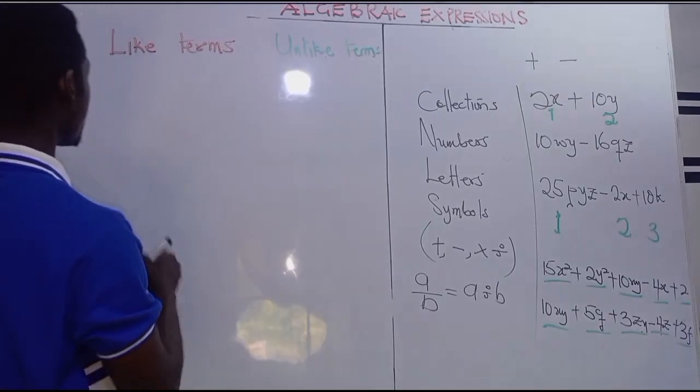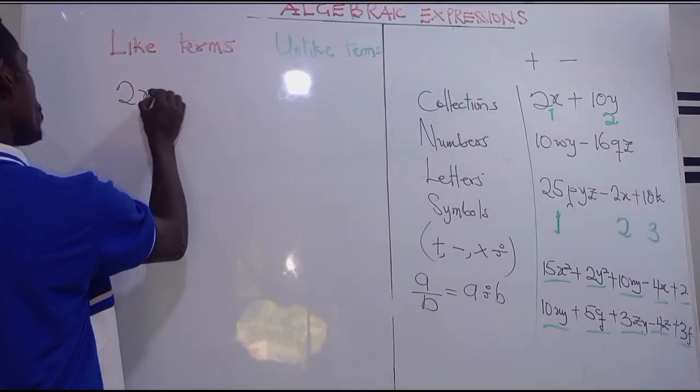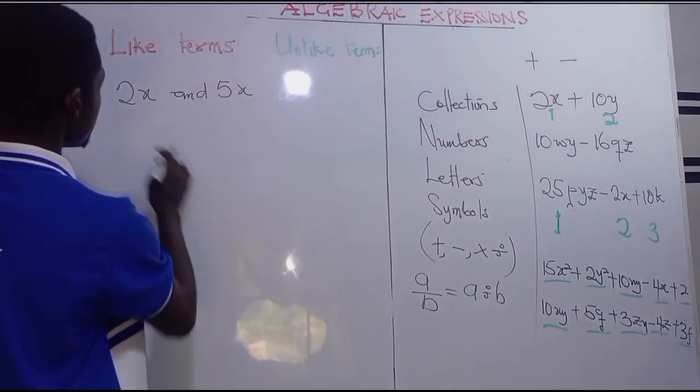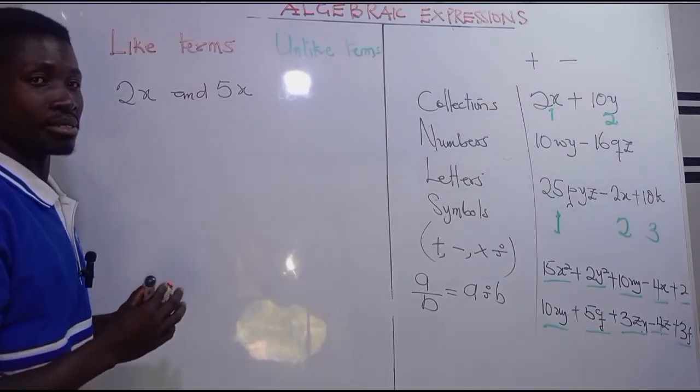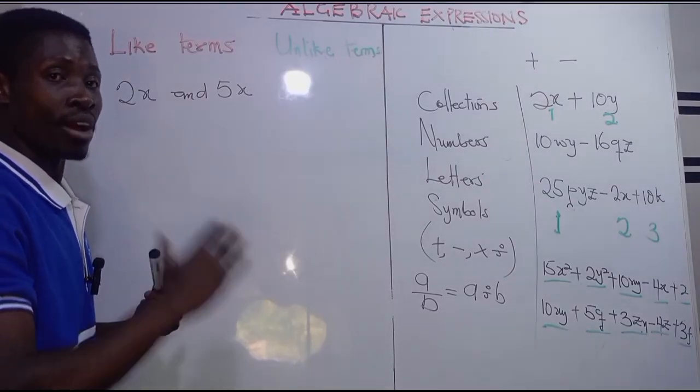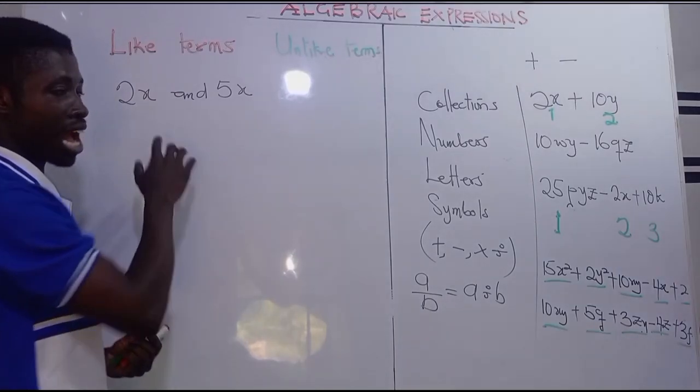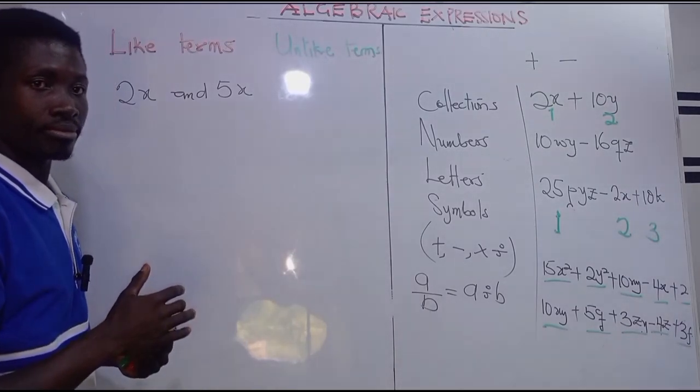So when you have, let's say, 2x and let's say 5x, these two terms are like terms because they have the same variable factors, x and x. So these two terms are called like terms.